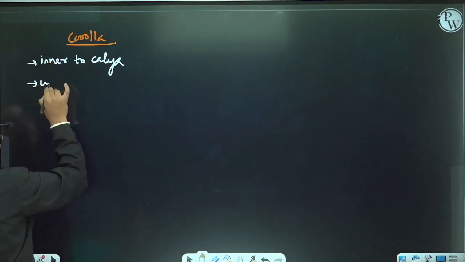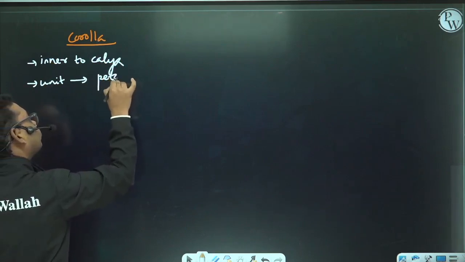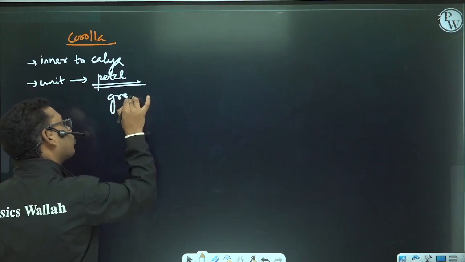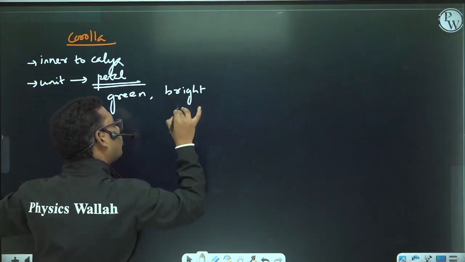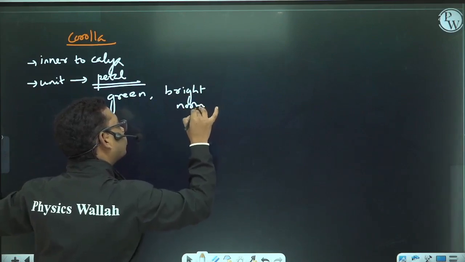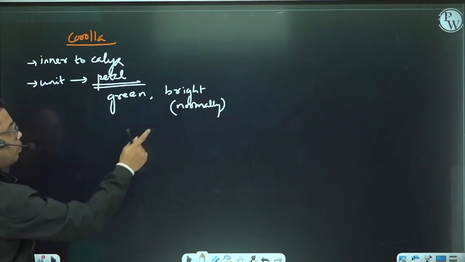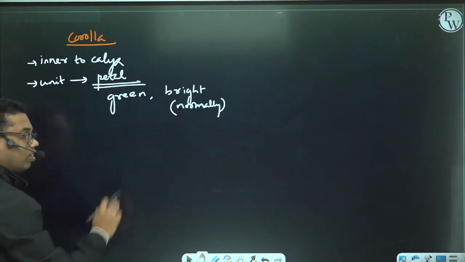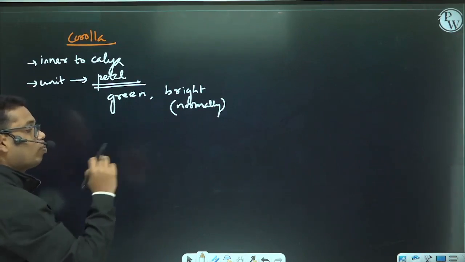The unit of corolla is called petal. Petal can also be green or bright in color, but normally it is bright in color. Sepals are normally green in color, whereas petals are normally bright in color. Whether the structure is sepal or petal, if they are green, they will perform photosynthesis.